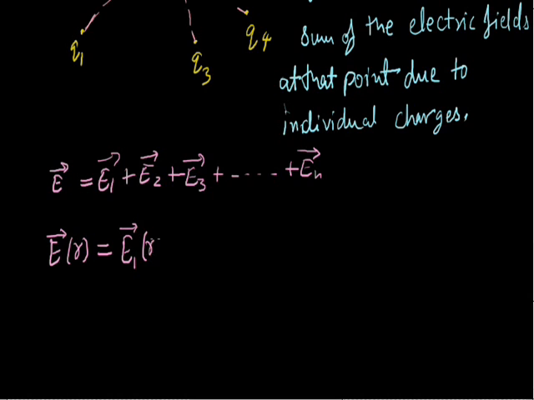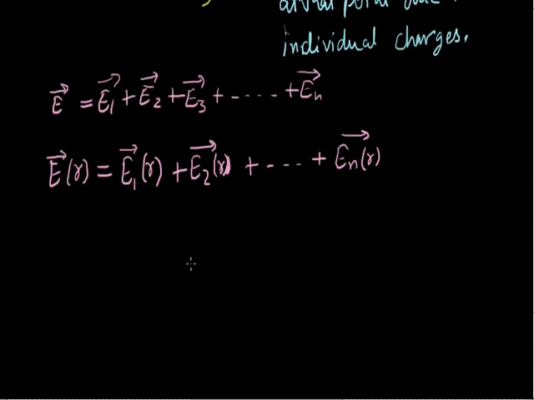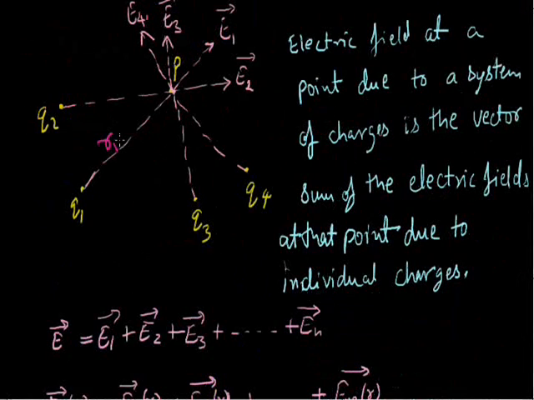So E1 vector r plus E2 vector r plus, we can put the values, that will be k Q1 upon r1P square into r1P cap. Where r1P is the vector joining Q1 and point P. r2P will be the position vector joining Q2 with P, same as r3P.